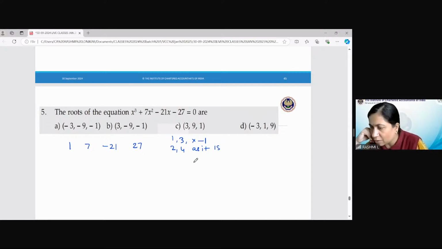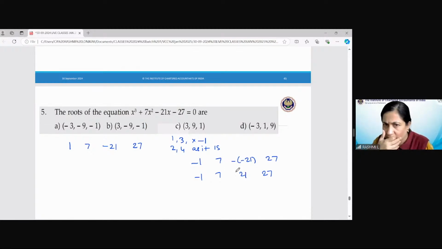So I will write it over here. So -1, 7, minus of minus 21 and 27. Now what will this become? -1, 7, 21, 27. Okay. So how much is this? Oh, this is -27.